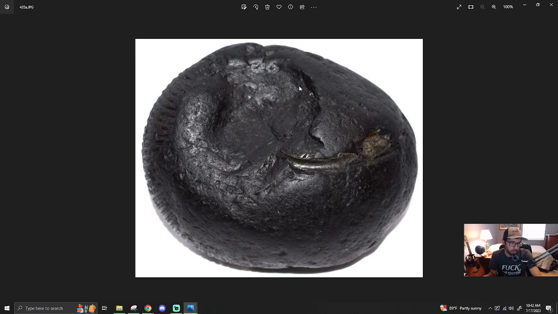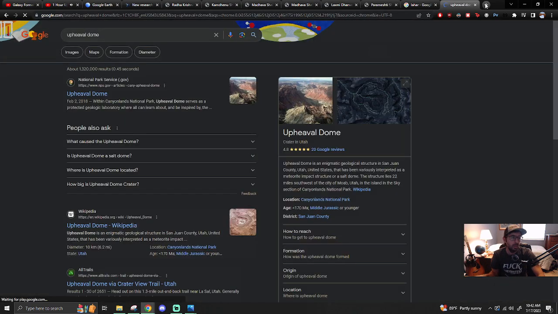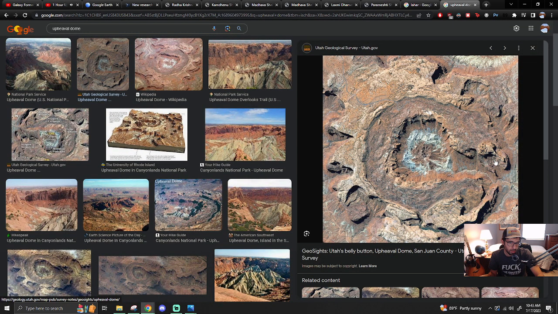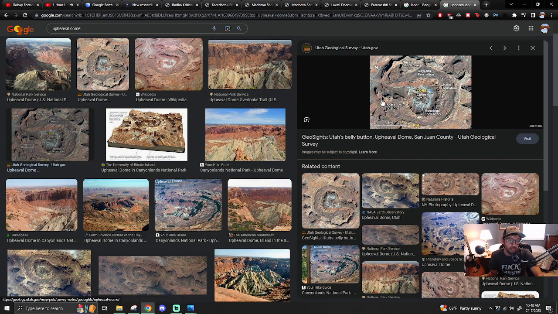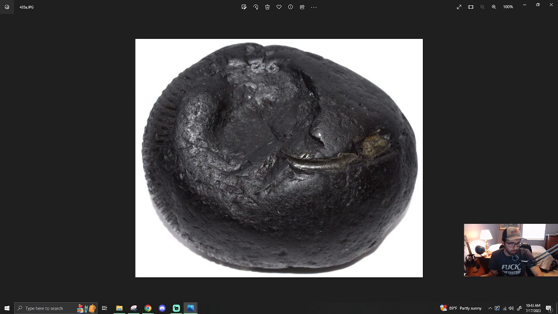I mean, these chambers, like Upheaval Dome. Like a chamber that the flow can flow into and push out boundaries while also creating an upheaval core. Kind of like that.